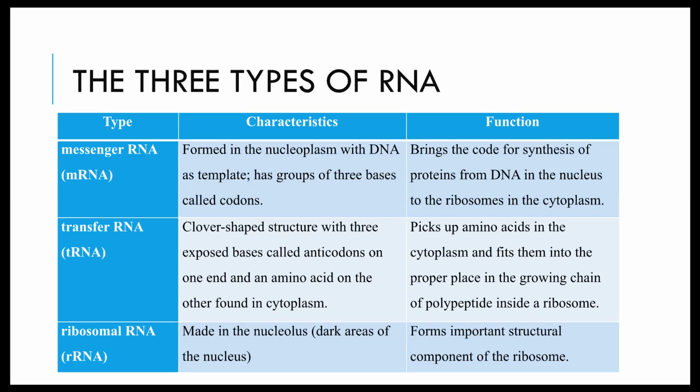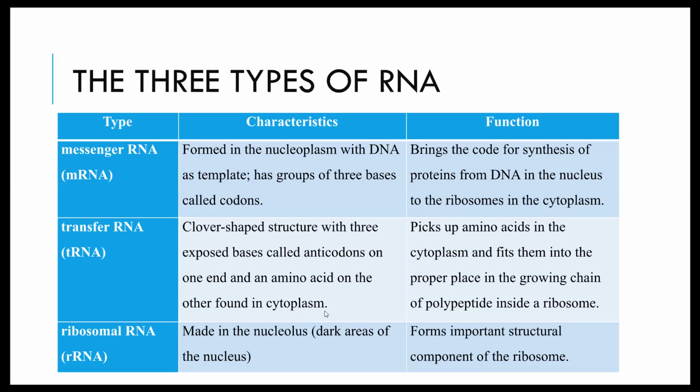On the other, found in the cytoplasm. Because this is transfer RNA, they have the anticodons. It picks up amino acids in the cytoplasm and fits them into the proper place in the growing chain of polypeptide inside the ribosome. It picks up amino acids in the cytoplasm.